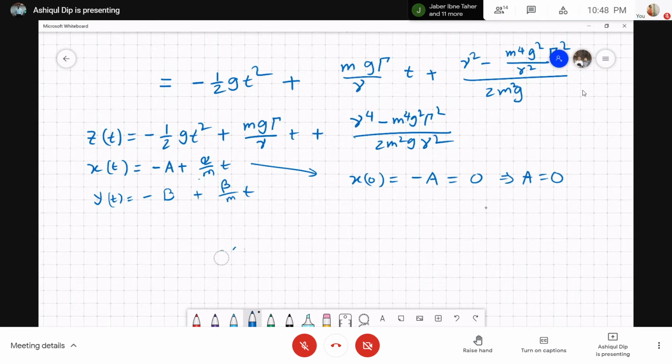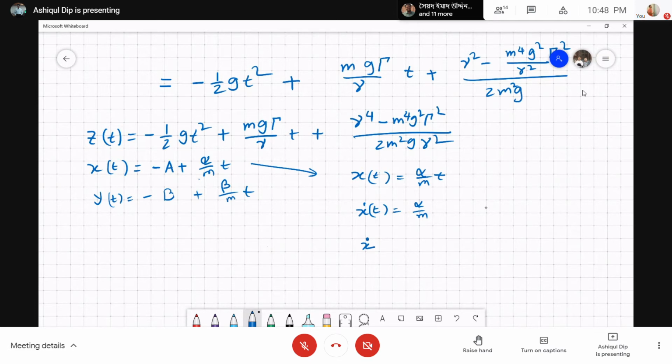By substituting that, you reduce your expression to x of t equals alpha by m t, but it's still not enough. You need to substitute the other thing as well. It is the initial velocity. So take the derivative. You get x dot equals alpha by m. And that was equal to 0 as well.